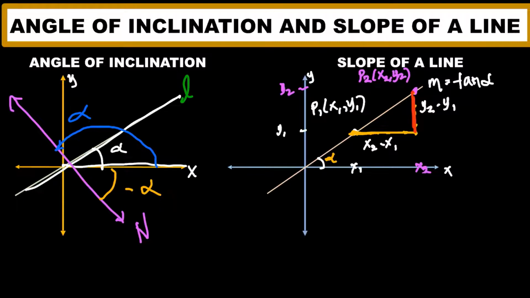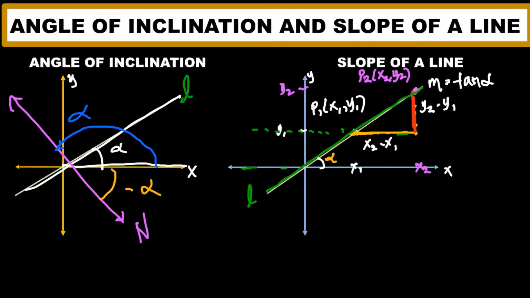Now if we're going to extend this line, let's label this one as line L. Line L here becomes a transversal because of these two parallel lines.